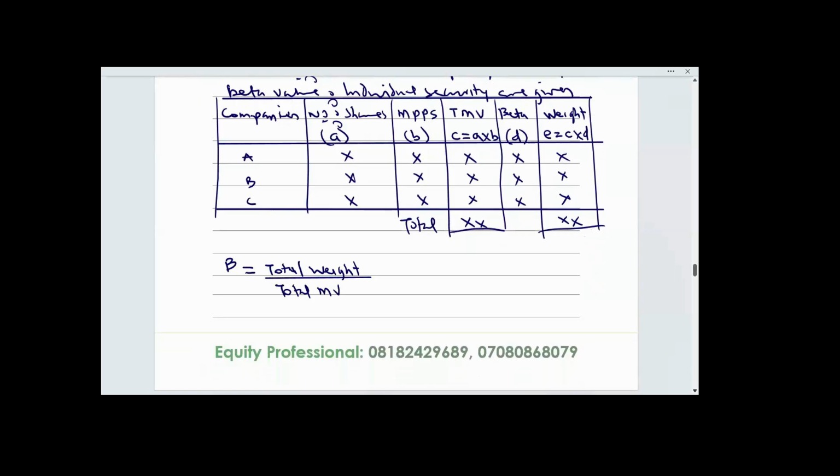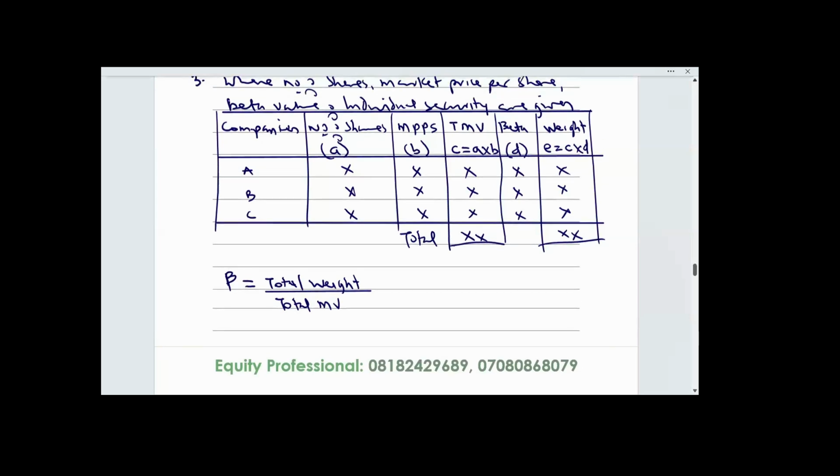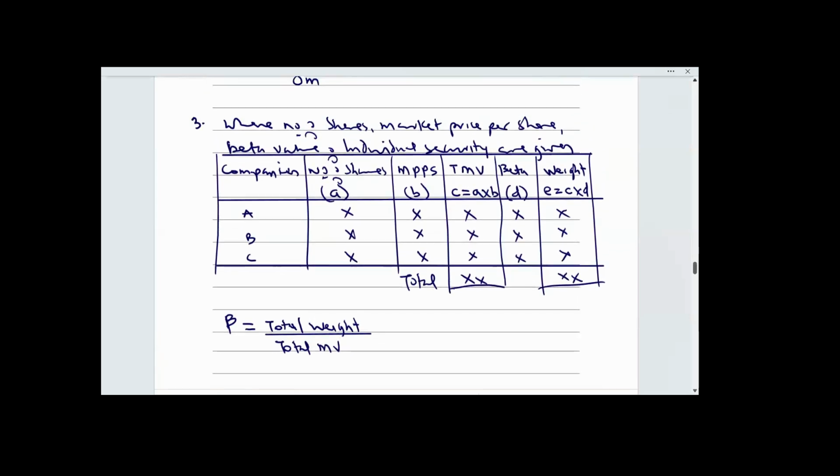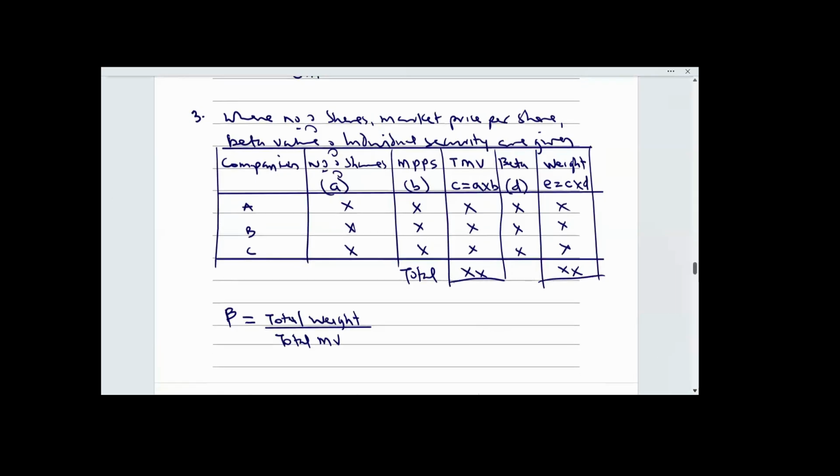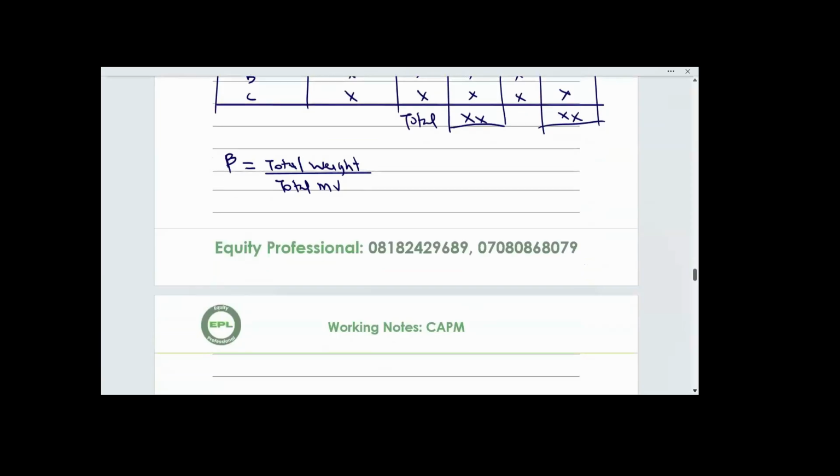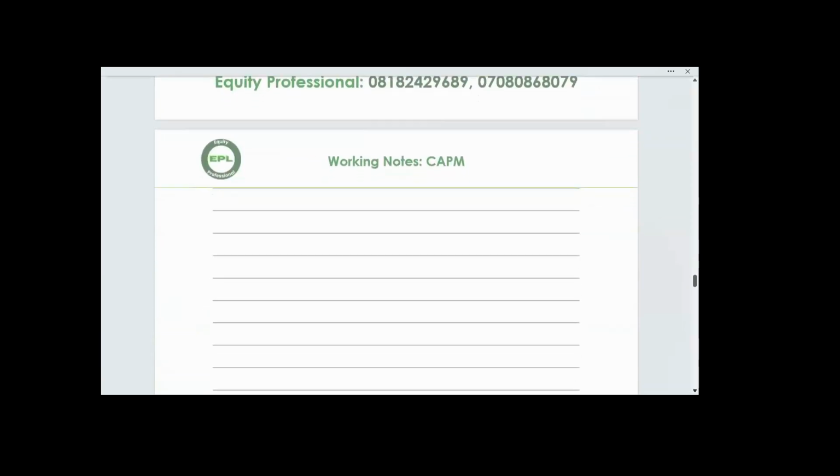That will give you the beta of the portfolio. So this is another way of calculating the beta value. All right. Then number 4, if in the question you are given this.